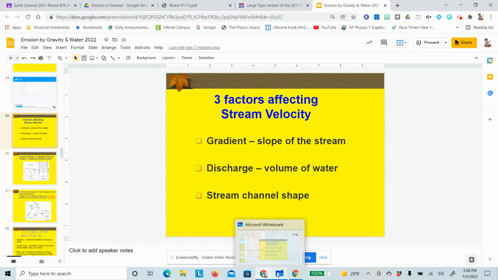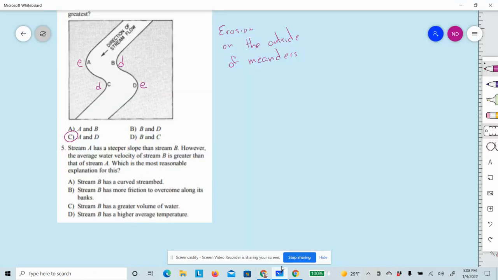Stream B is going faster because it has a greater volume of water. Volume of water, when we're dealing with streams, we refer to that as the stream vocabulary word discharge. All right, that's all there is to it, those 5 questions.